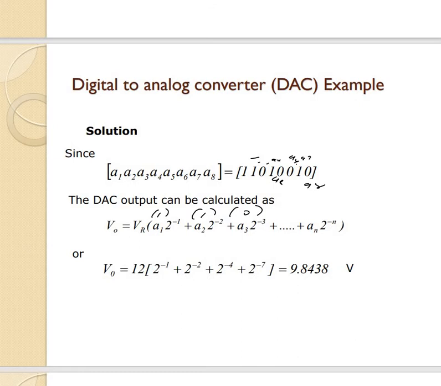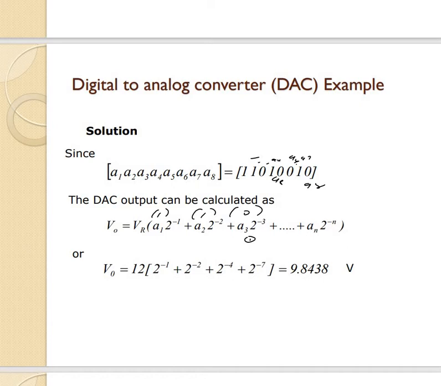For the 0, like A3, 0 times 2 to the power of negative 3, the answer will be 0. So the terms multiplied by 0 can be eliminated first.